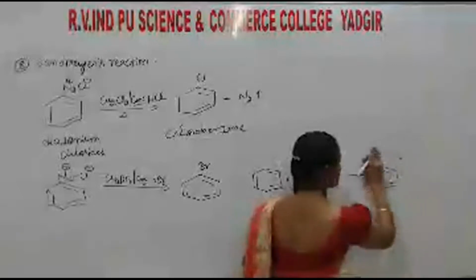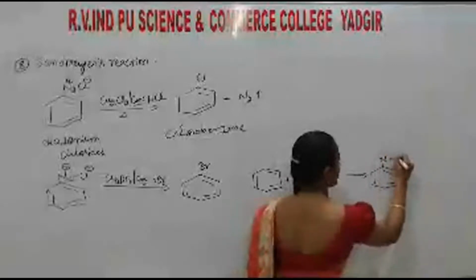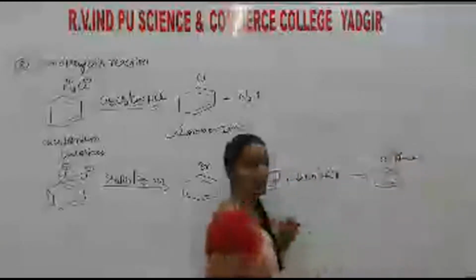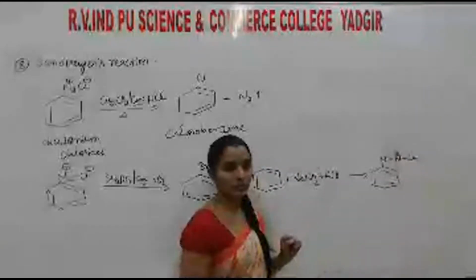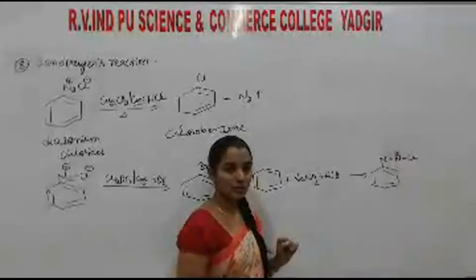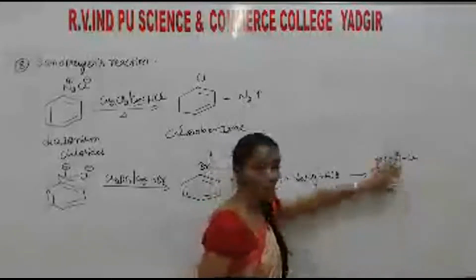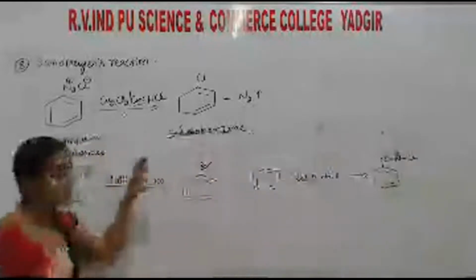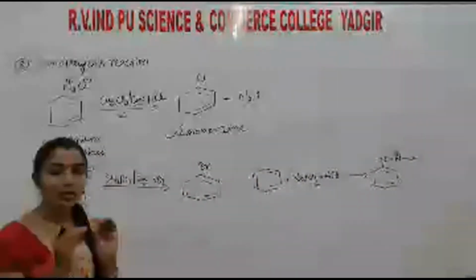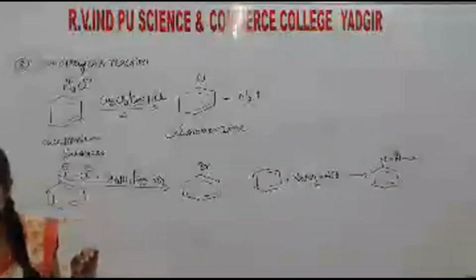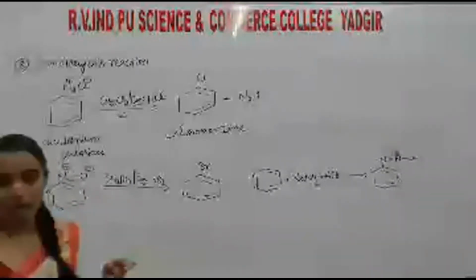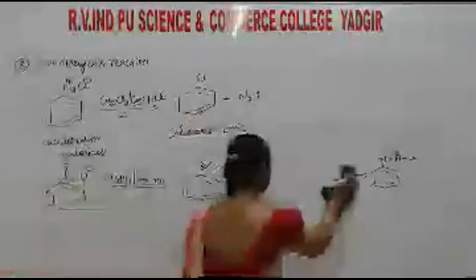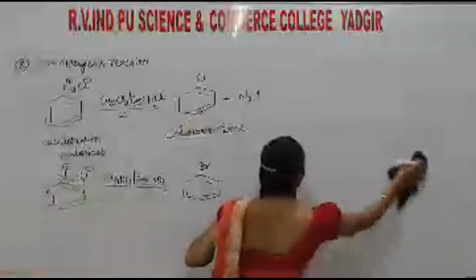What is the structure of this compound? Means N double bond N, Cl minus, this is plus. Understand? Okay. So this is the preparation. So this complete process is diazotization. As we are studying the haloalkanes and haloarenes, this step is enough. Okay, that is Sandmeyer's reaction.